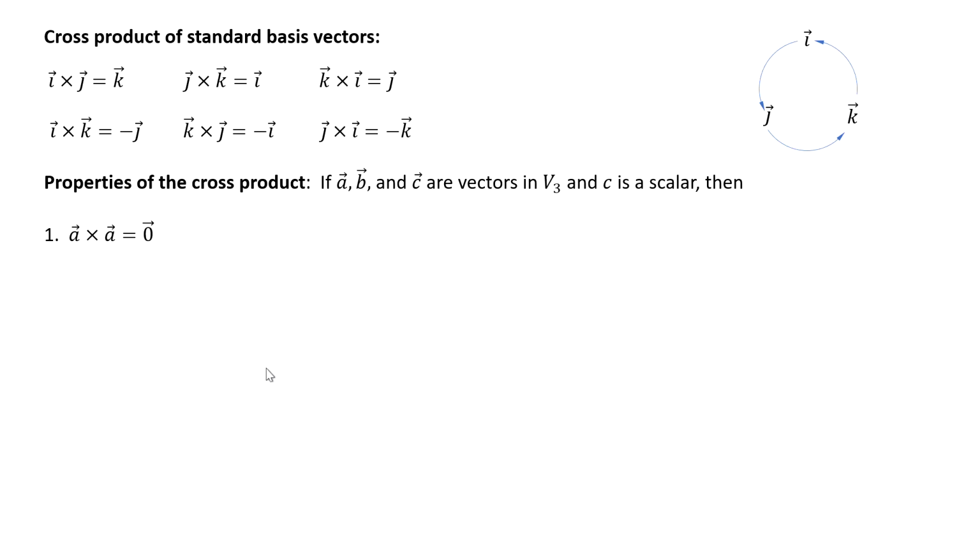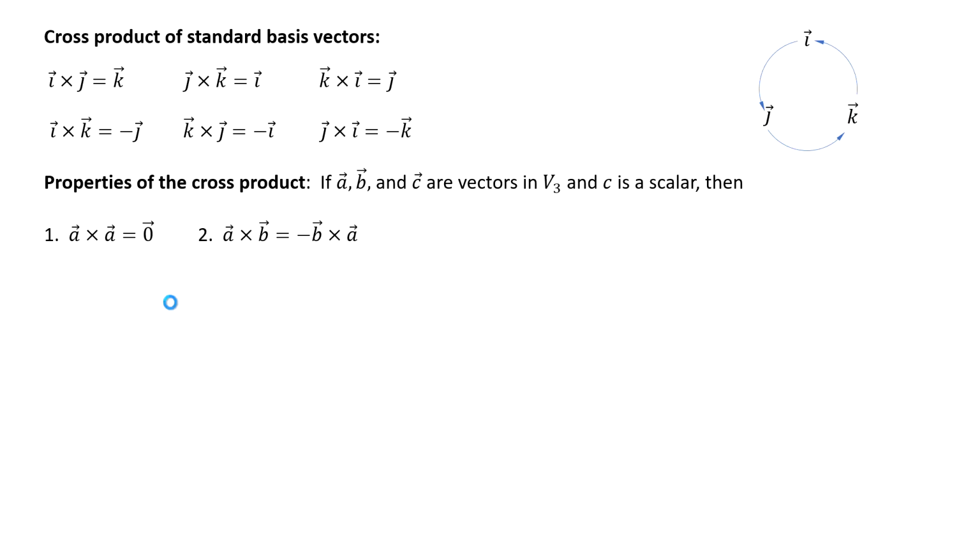Got to be 0. So the magnitude of A cross A, based on that, you get 0. Well, if magnitude is 0, then the vector is the 0 vector. Here I called it the 0 vector, but like I said, some people don't do that. They just say it's obvious that A cross A's result must be a vector. So when I say 0, I actually mean the 0 vector.